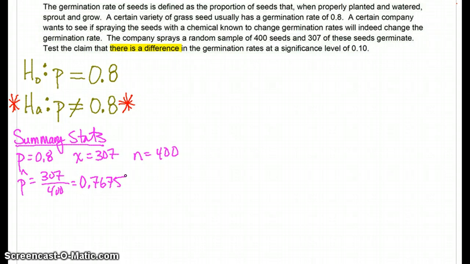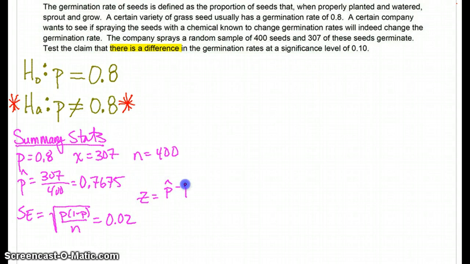We also need to know our standard error, which is the square root of P times 1 minus P over N, which if calculated correctly, we should get 0.02, which allows us to calculate our test statistic Z, which is P hat minus P over the standard error. So Z in this case is equal to negative 1.625.